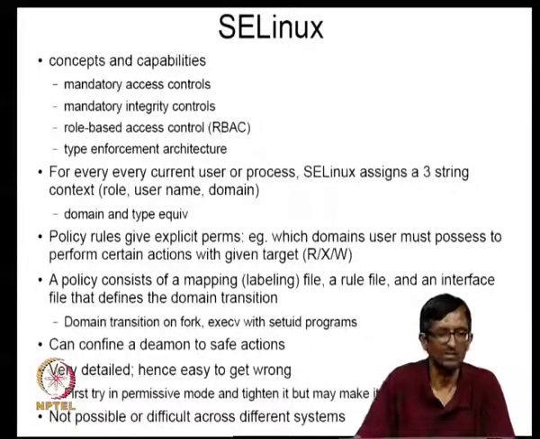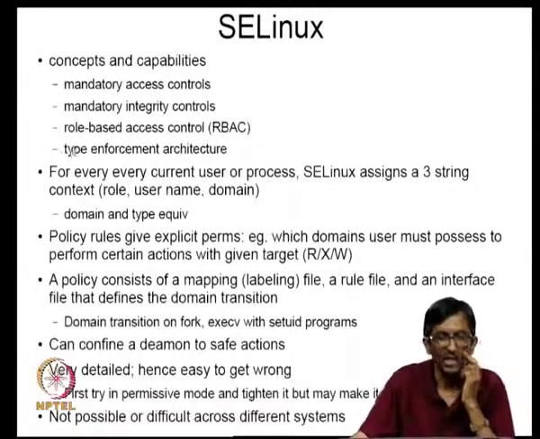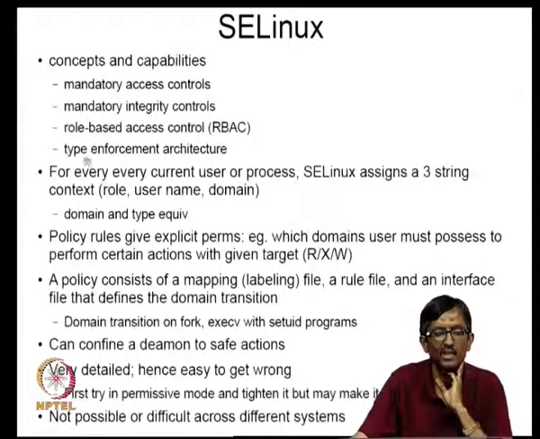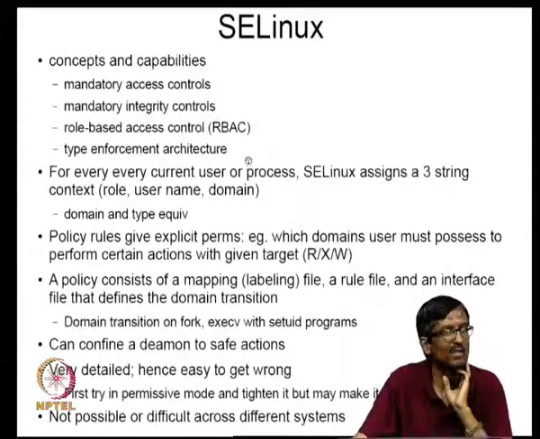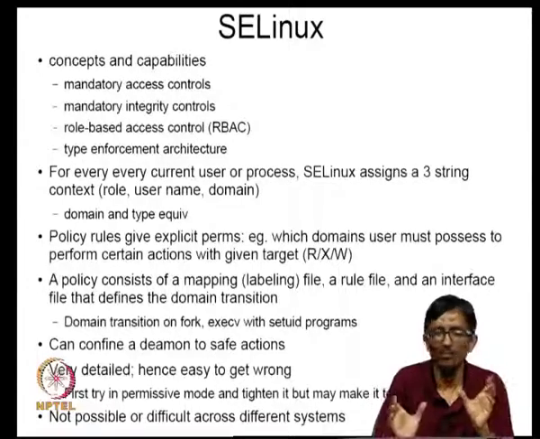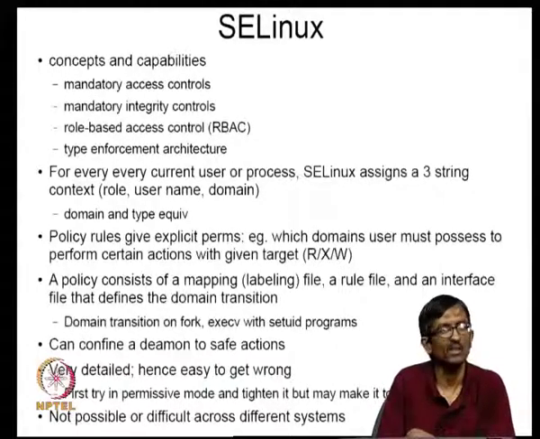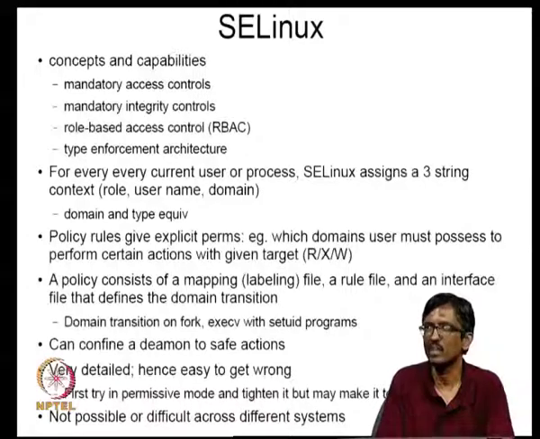The person to whom I gave it doesn't have complete control over it. Basically, it also has role-based access control (RBAC) and a type enforcement architecture. You can have what is called a domain, and in a particular domain only certain things are possible. It's something like a type system. Take an abstract data type like a list: you allow only certain operations, like adding an element, removing an element, creating a list, or deleting the complete list.